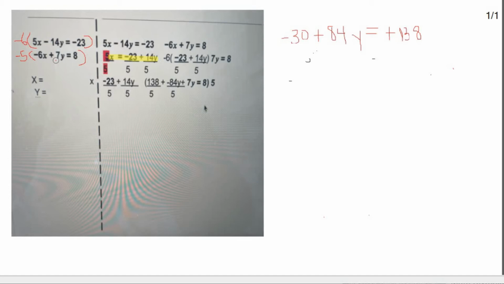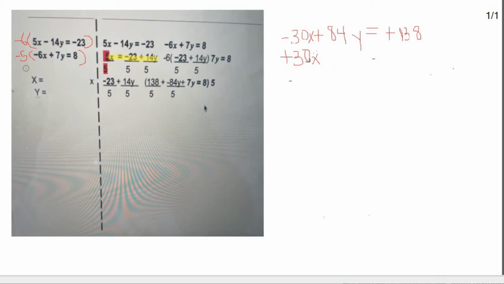and now we're going to take the second equation of the systems of equation and do the same thing. Multiply this -5 times each of the terms inside of the parentheses. So we have a -5 and a -6 will give us a positive 30x, and I have to put my x value up top as well. Okay, so this will be an x.